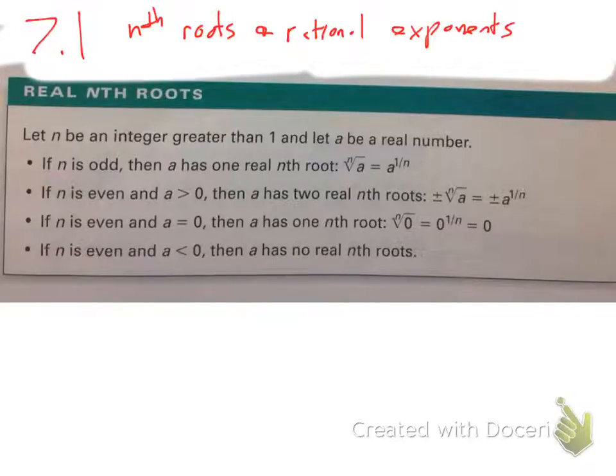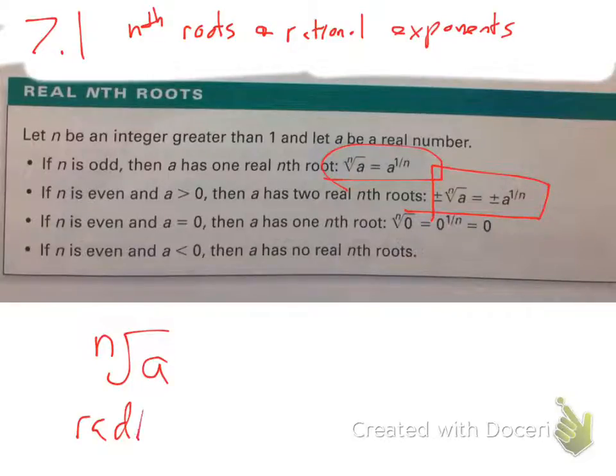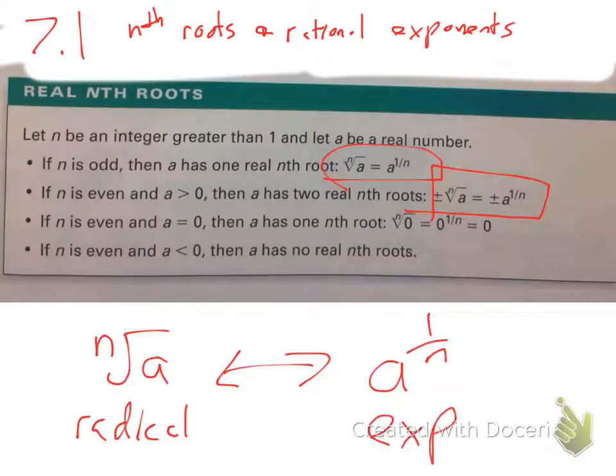You get i's. So the biggest takeaway that I want you to take from here is this expression right here, even just the top one. We'll talk about this one. If I had the nth root of a, this is radical form, I can switch it out with a to the 1 over n power, and this is exponent form.